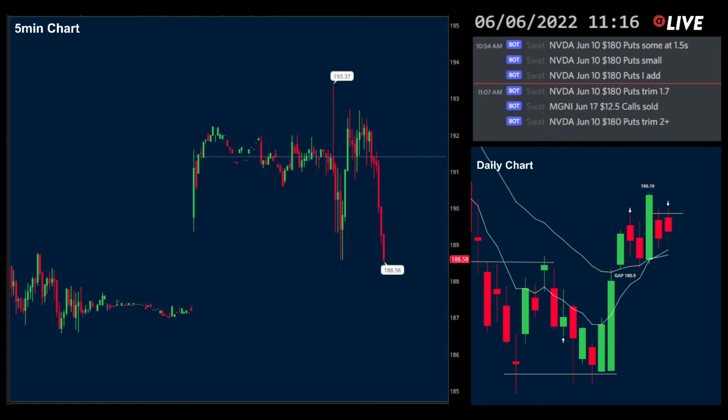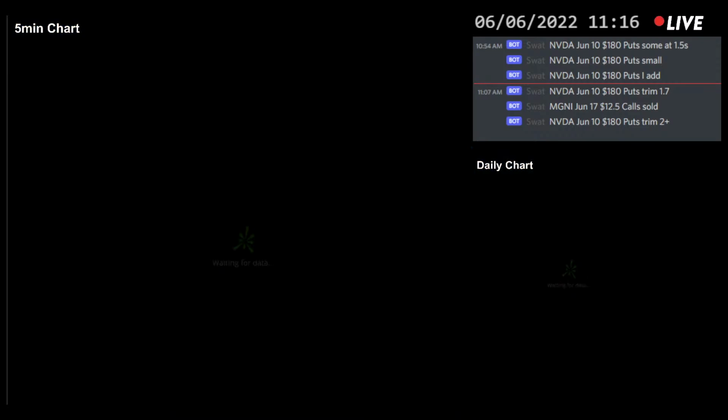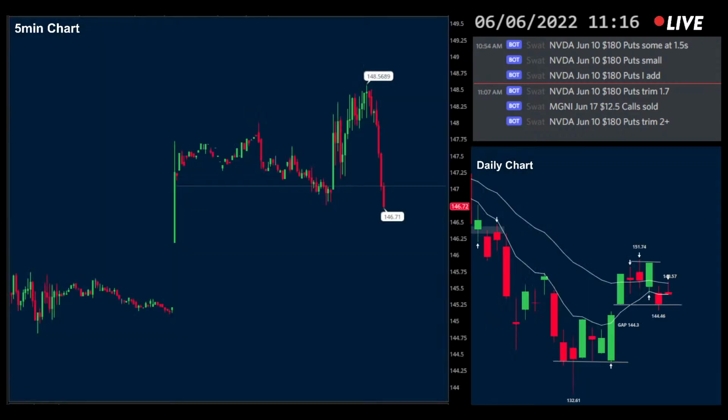Let's see if it goes green to red on NVIDIA. We need green to red, guys. Come on. Down some more on NVIDIA. Apple fading. Yeah, market rolling over now. Apple new lows on the day.